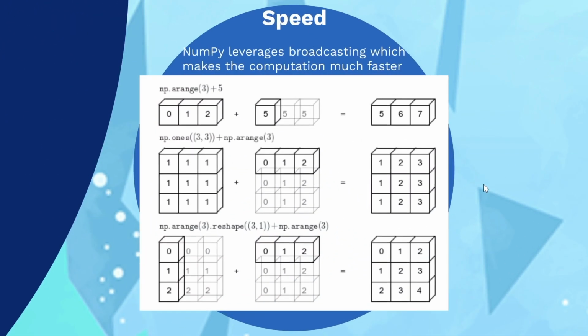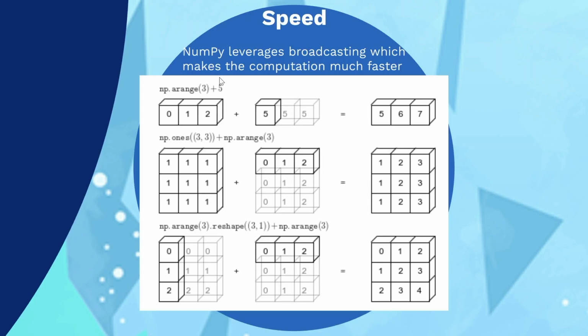Another reason for its fast speed is its power to use something called broadcasting. If you see the example here, if we have a normal array, for example 1 2 3, and we just want to add 5 to this particular array, it will add 5 to each of them.